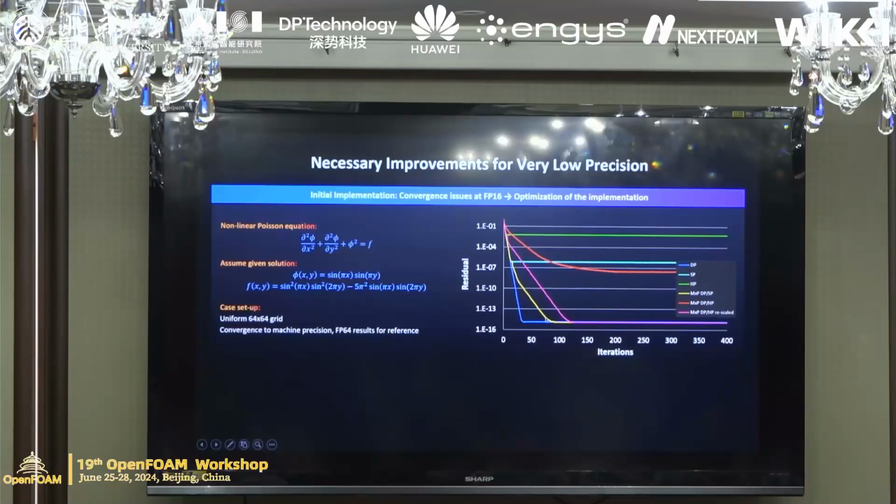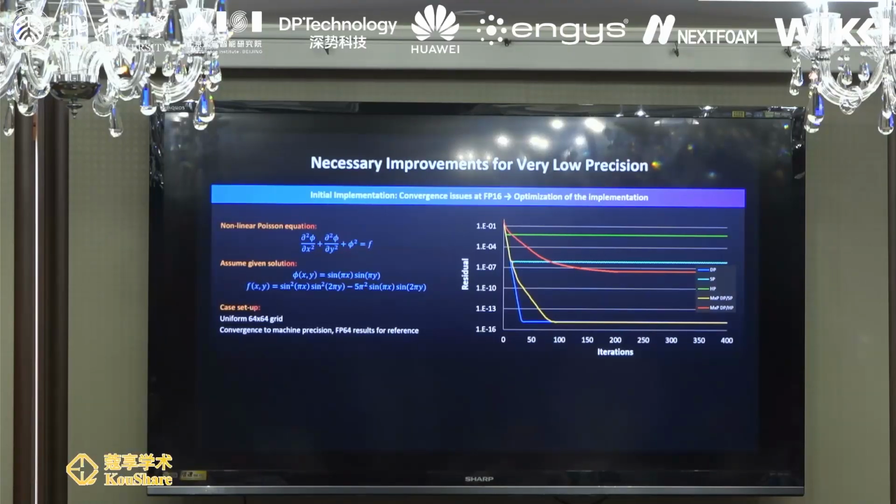In yellow is the result that we obtained with mixed precision, double and single precision together, FP64 and 32. And in red is what we obtained with the initial implementation with FP64 and FP16 together.